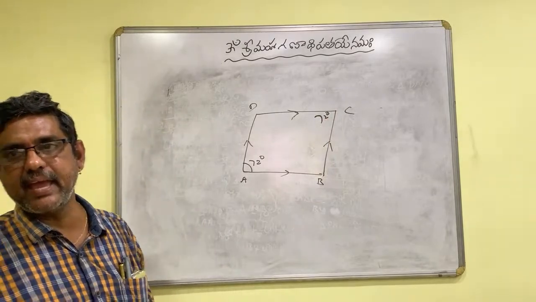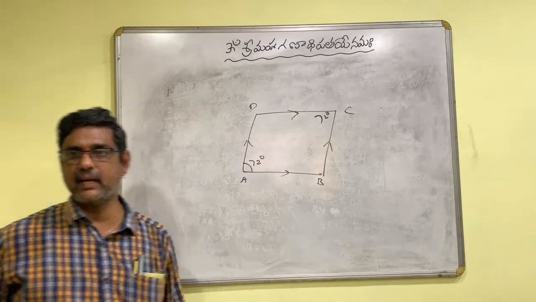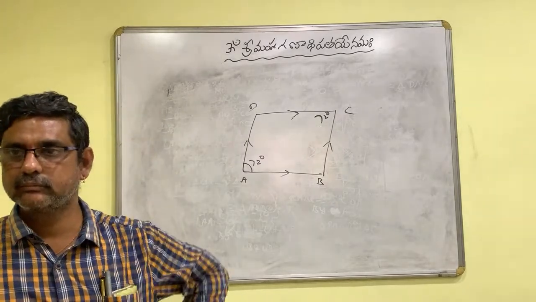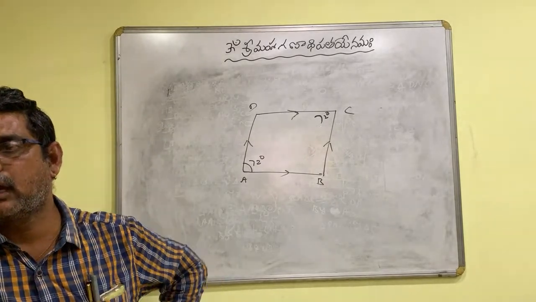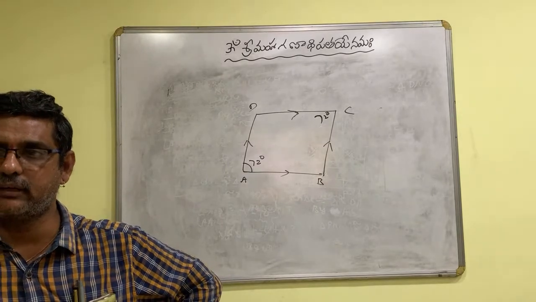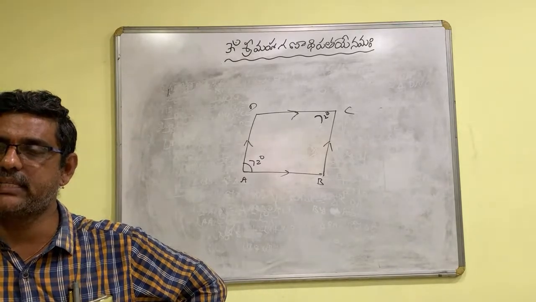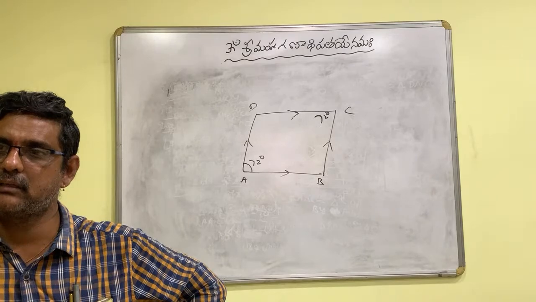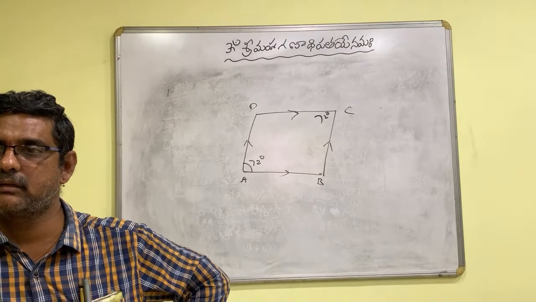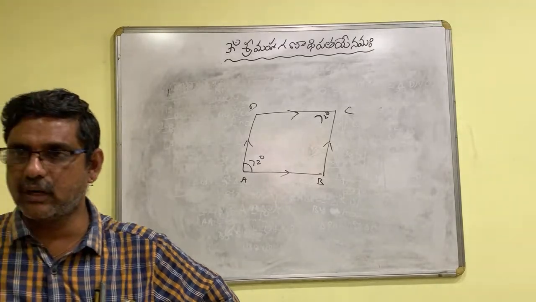Then what is angle B? Akila and Samina say angle B is 108. Why? What is the reason? Why is angle B 108?